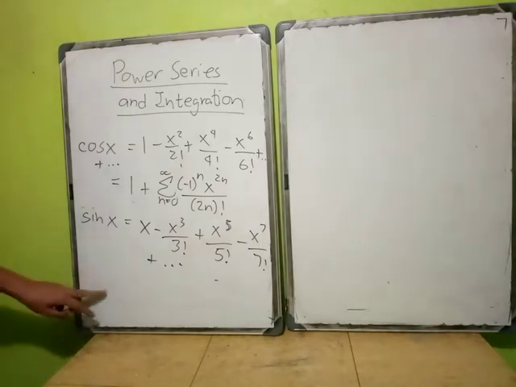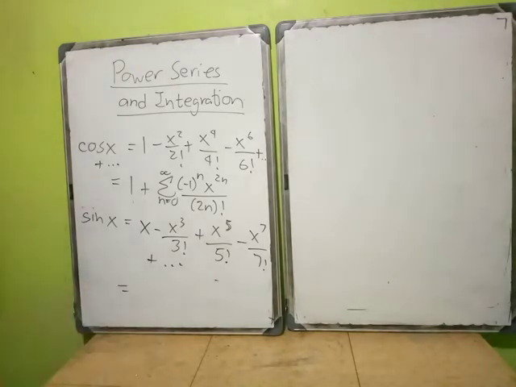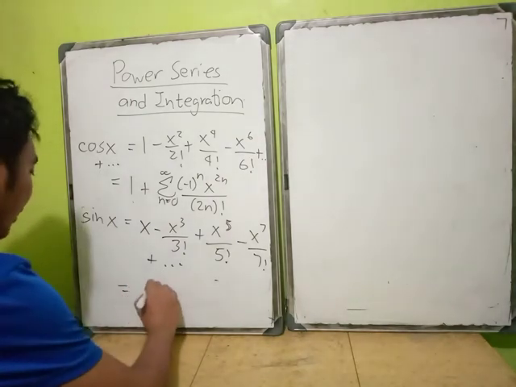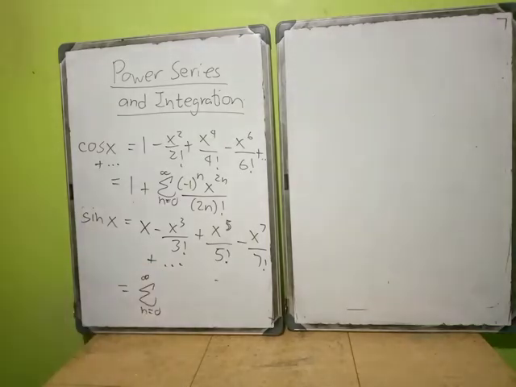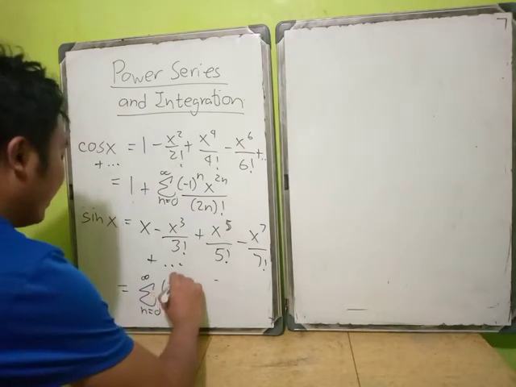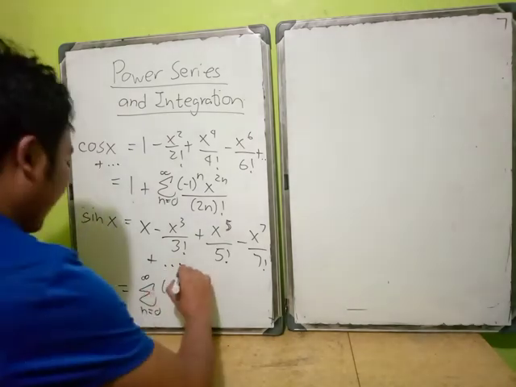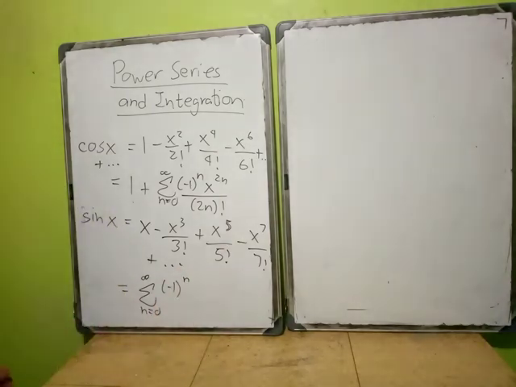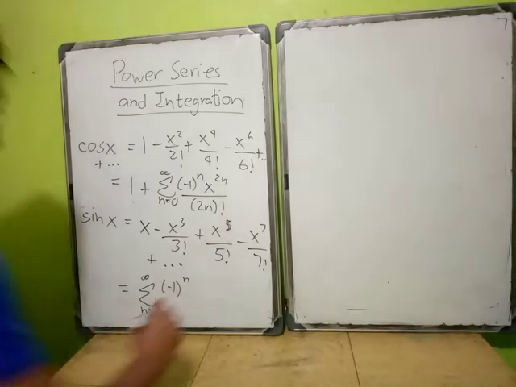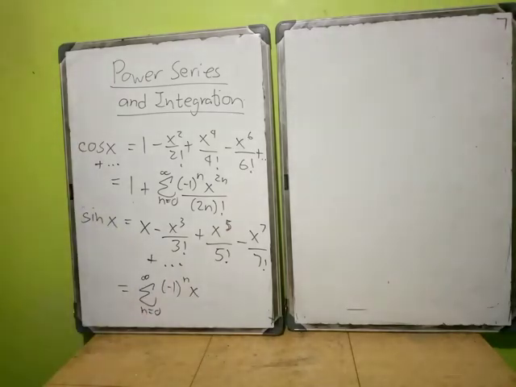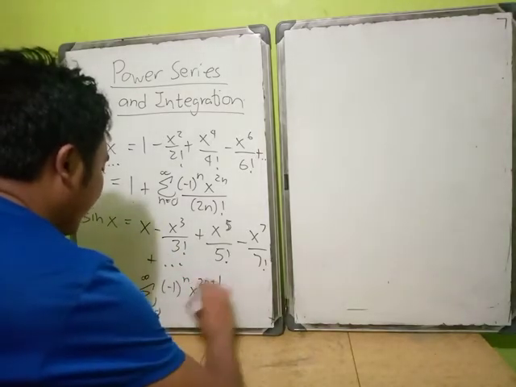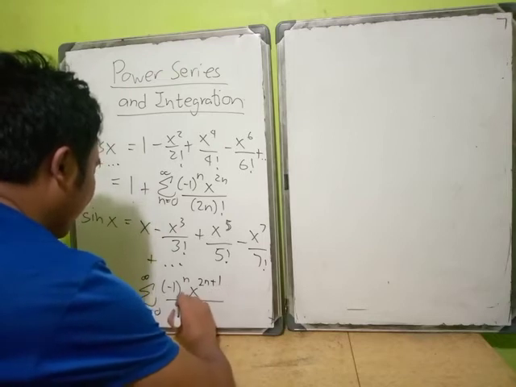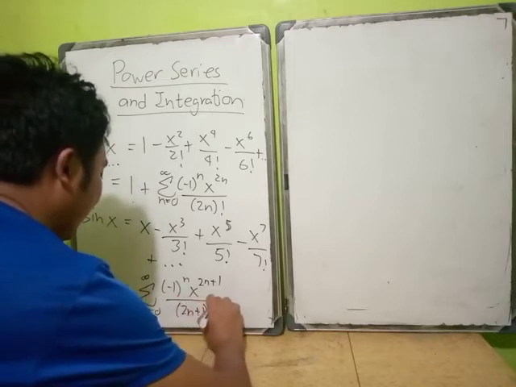So when we convert it into power series form, it will be equal to the infinite sum, n equals 0 to infinity, of negative 1 to the n, x to the power of 2n plus 1 over 2n plus 1 factorial.